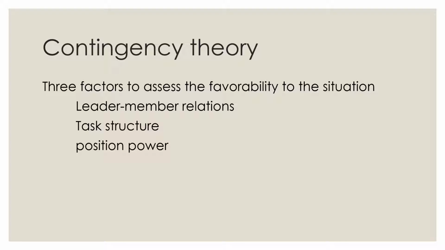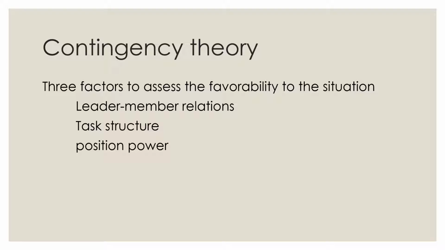Contingency theory is looking at certain factors that we need to assess to see if they are favorable to the certain situation. Meaning we're looking at possible trait theory that influences this, or maybe it's very much a situational one.